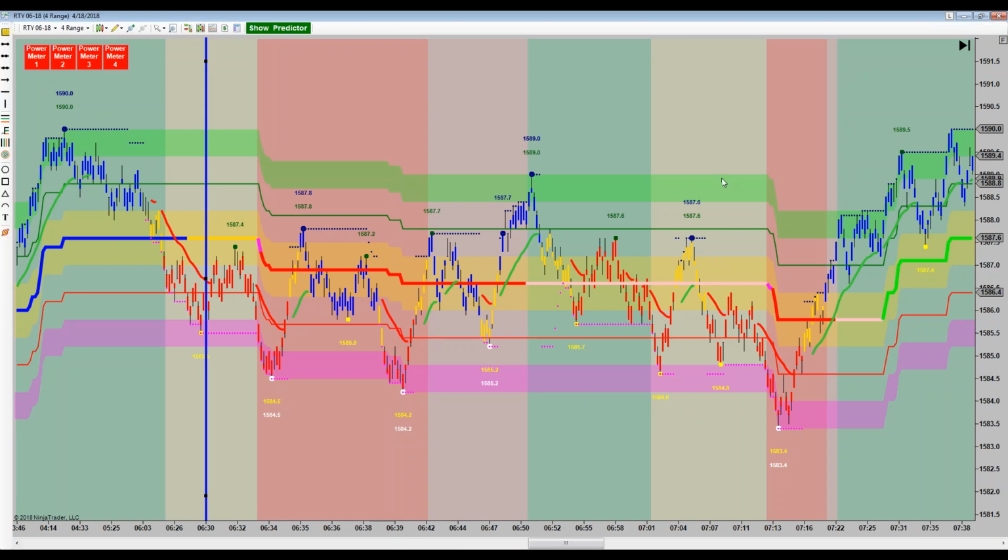Here's 7 o'clock over here, and here is 6:30. So the first 25, 30 minutes of trading. What was the Russell doing? Was it in a trend? Was it going up? Was it going down? Was it going sideways? What was the Russell doing in the first 20, 25, 30 minutes of trading today?